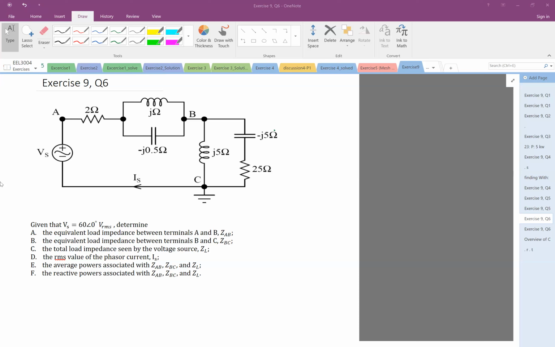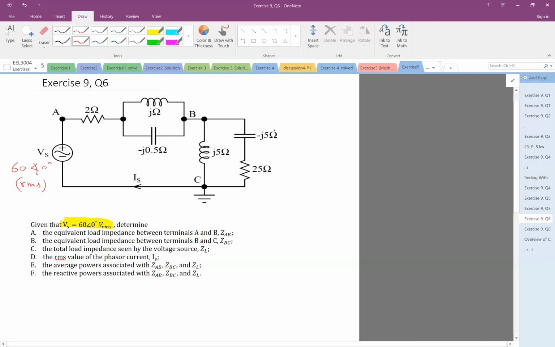This circuit is given. The V of S is given as 60 with the phase of 0, RMS. So Vs equals 60 at 0 degrees, and it's RMS. This is very important.